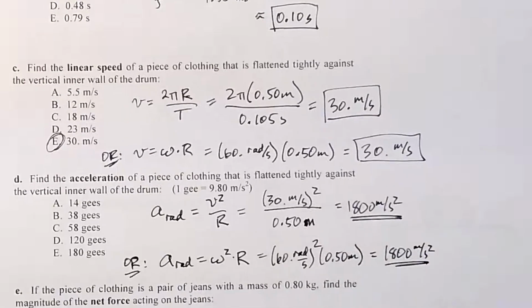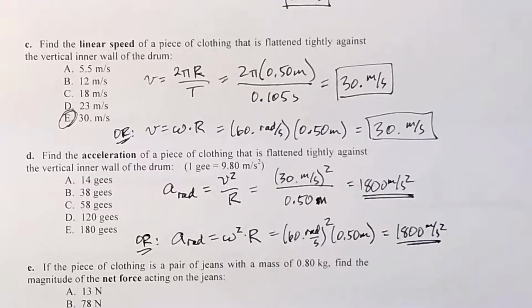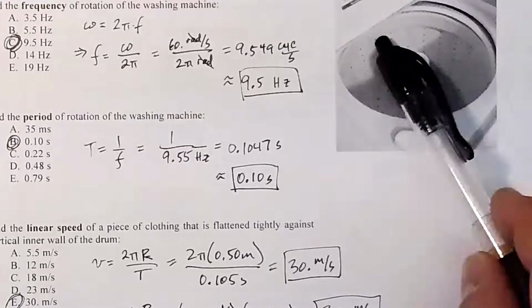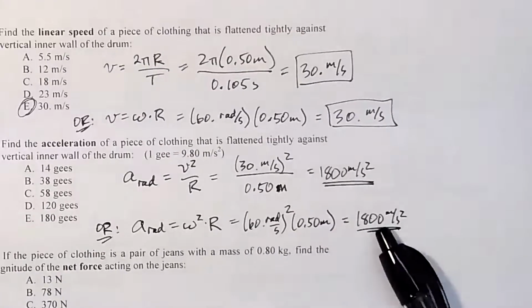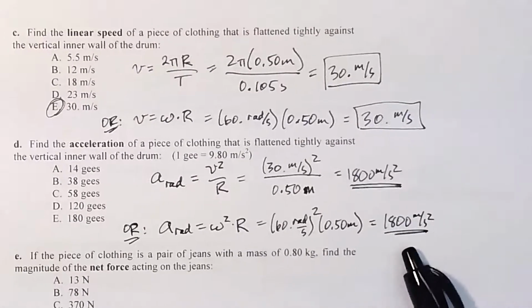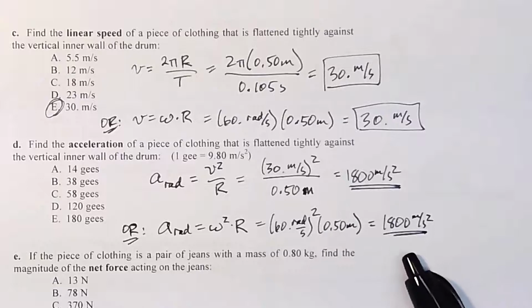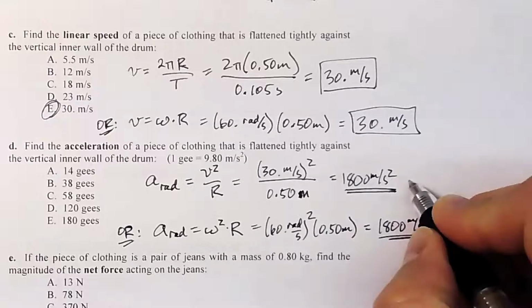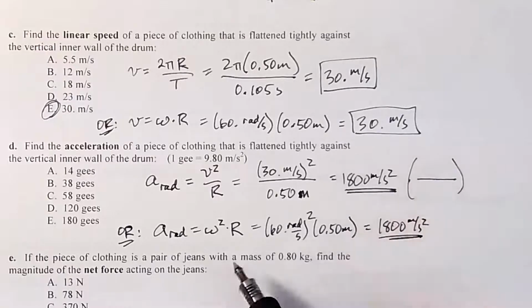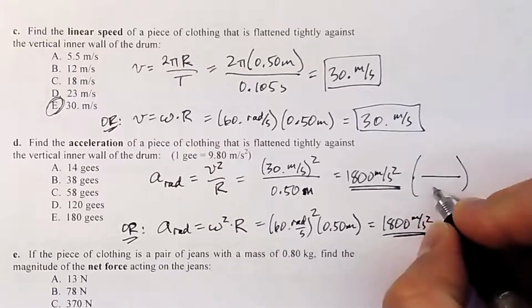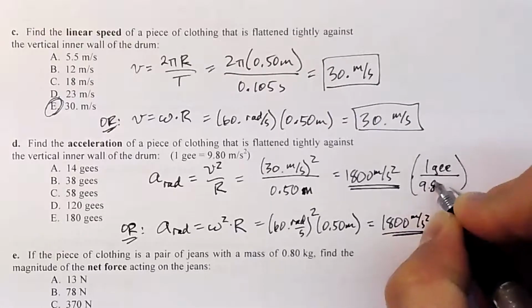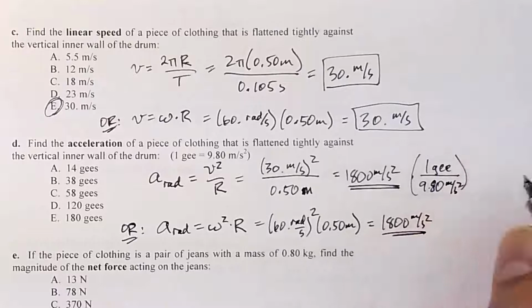All right. So the acceleration of a piece of clothing on the inside edge of this washing machine as it spins is massive. This is 1,800 meters per second squared. So that's a lot. In fact, we can try and calculate what that is in G's, which is what the problem actually asks for. So 1 G is 9.8 meters per second squared.